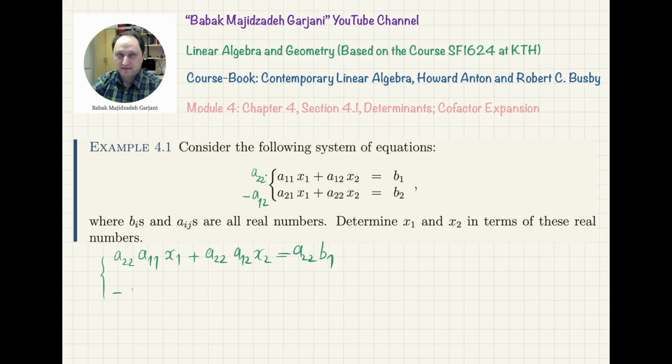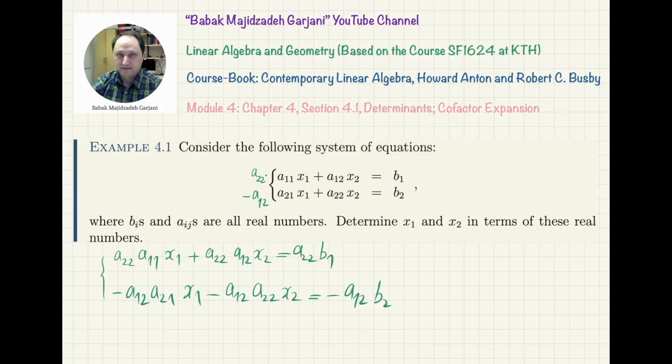For the second one I will have minus a12 a21 x1 minus a12 a22 x2, and on the right hand side minus a12 b2.